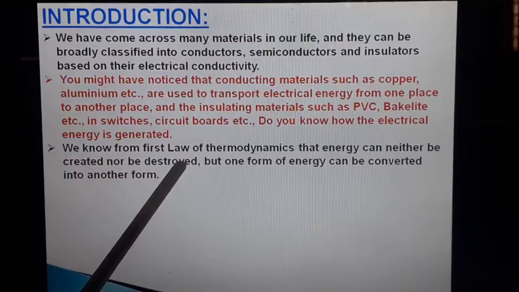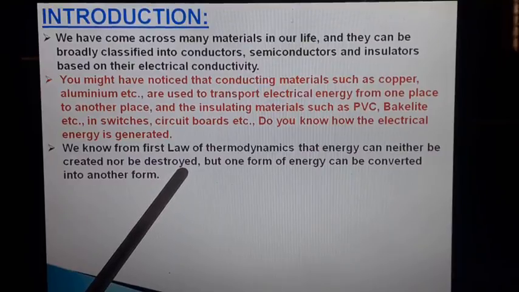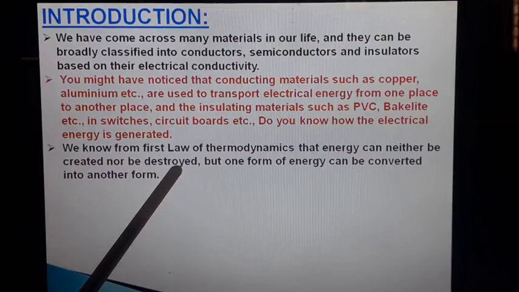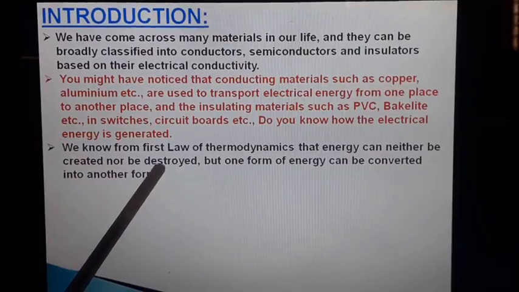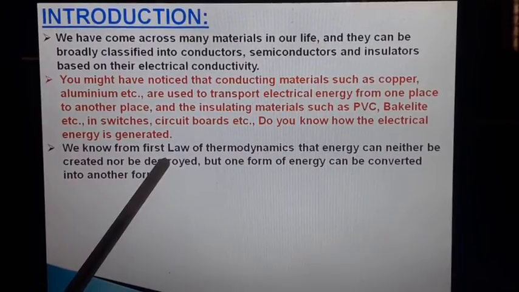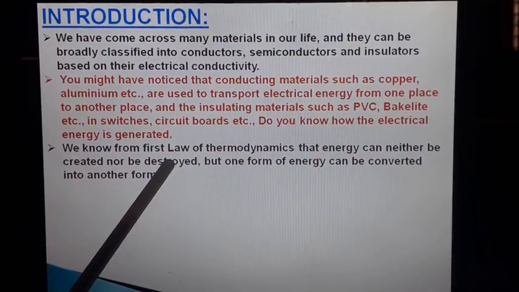The law says that energy can neither be created nor be destroyed, but one form of energy can be converted to another form. This is the most important basic principle in thermodynamics. Again, any type of energy we cannot create or destroy.